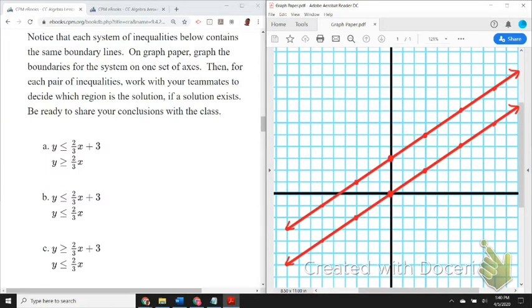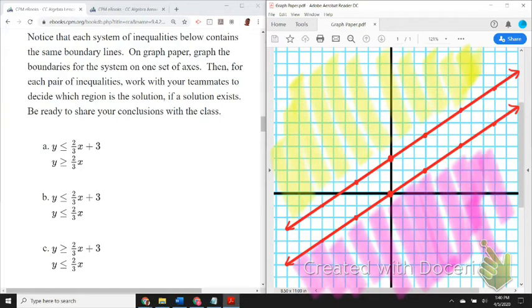All right, so question C is a little bit unique here. We're going to look for the overlapping region. The first inequality is y is greater than 2/3 x plus 3, so we're going to shade above that line. Then the second inequality is y is less than or equal to, so I'm going to shade below. What's our answer?